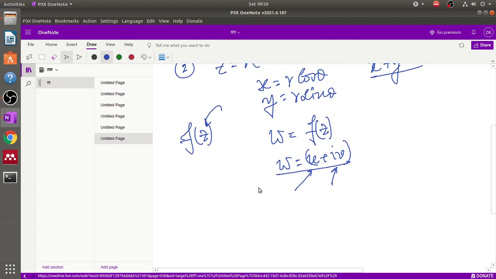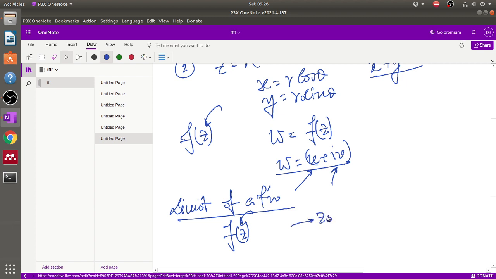Now we discuss the limit of a function of a complex variable. Let us consider f(z) a single valued function, that is, for all z only one value is presented, defined at all points in some neighborhood of point z0.